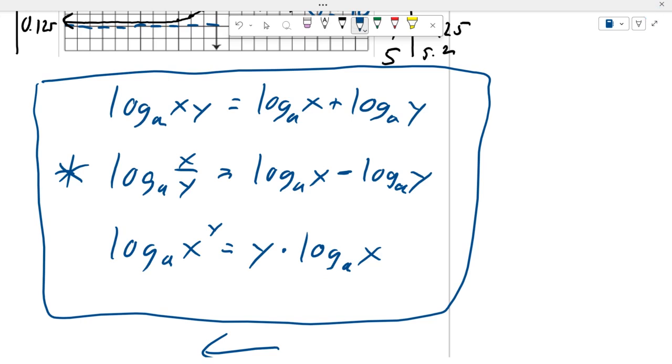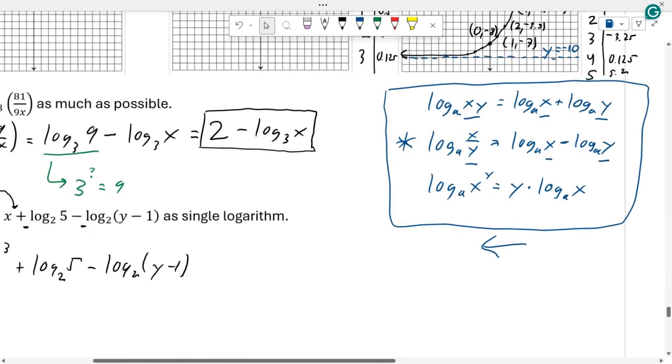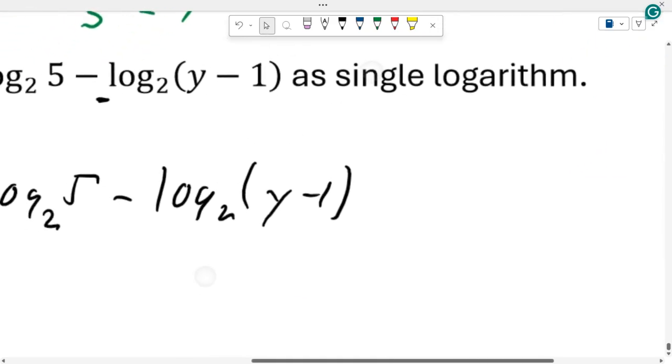So notice that with the rules for logarithms, we have a product of a single logarithm, and that turns into multiple logarithms of each factor. We have a quotient that's a single logarithm, and that turns into the difference of the numerator and denominator. And I'll pause there. Sometimes students see something like this.